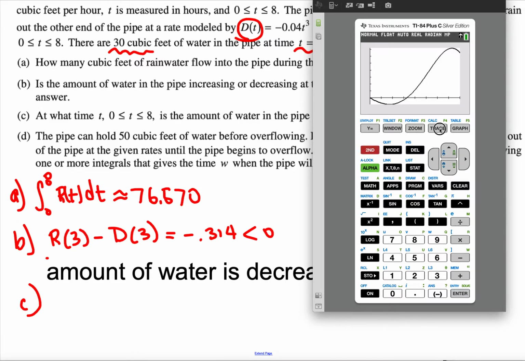So I'm going to do second trace, zero, which is number 2. It looks like it's a bit more than 3, and less than 4. So I'm going to set the left bound as 3, and the right bound as 4, because it looks like it is between 3 and 4. Then guess, okay, 3.27-ish.